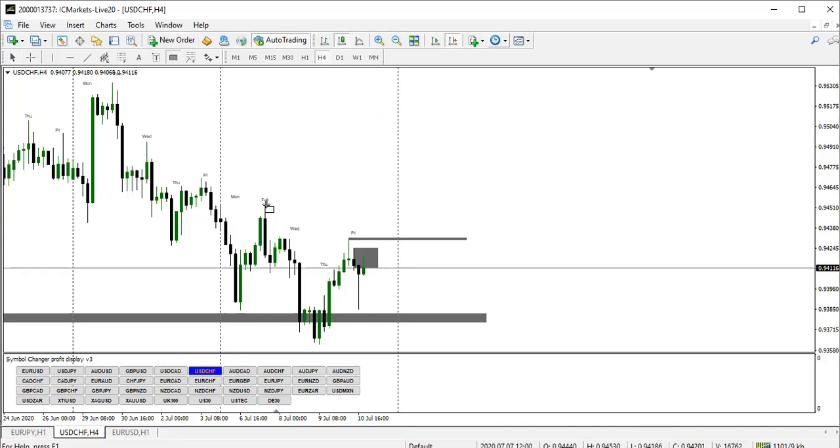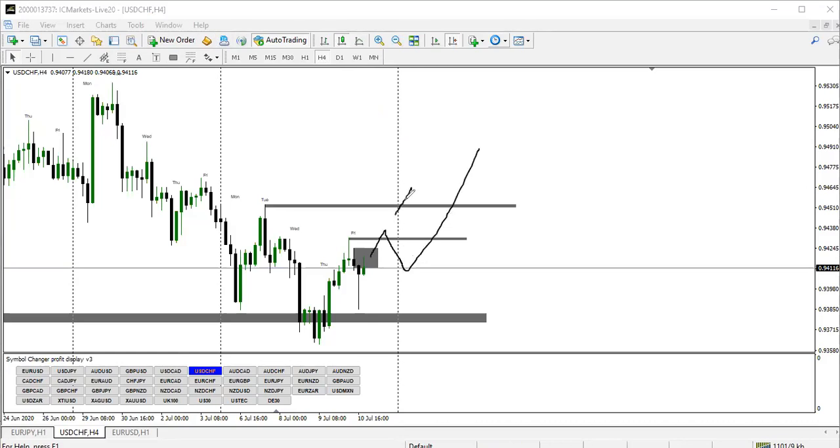Then the bias can really change. When this low is taken out, we can look for this market to retest this and go higher, or the market comes back to this particular zone and goes higher. So basically that's what I will be looking for on that pair.